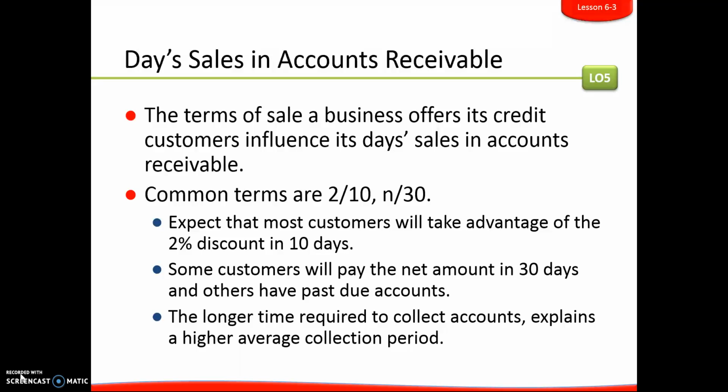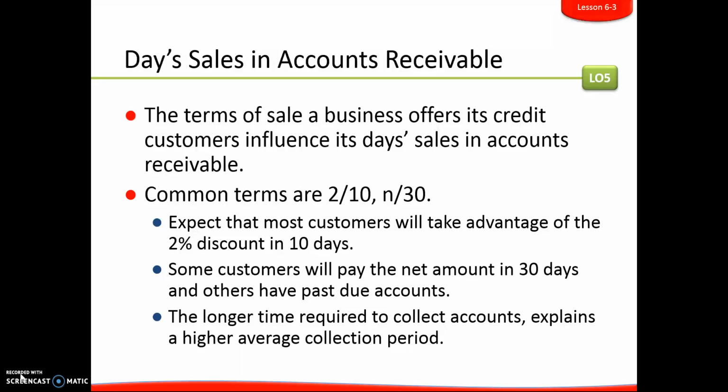So typically, when we offer credit terms, we typically offer 2/10, n/30. What that means, again, in case you have forgotten, is that we expect that most customers are going to take advantage of the discount, which is a 2% discount if you pay within 10 days.